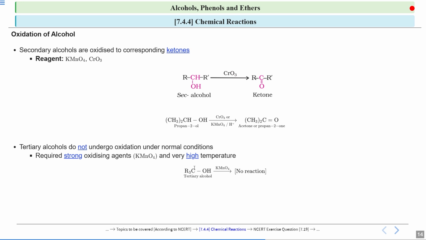So this is a tertiary alcohol. See here, there is no hydrogen on the carbon to which your OH group is attached. So your tertiary alcohols will not show the oxidation. Is this clear? Oxidation of alcohols? In oxidation of alcohols, carbon double bond oxygen is being formed.